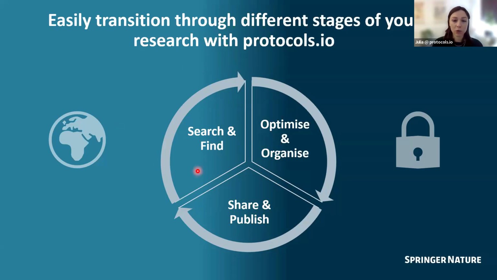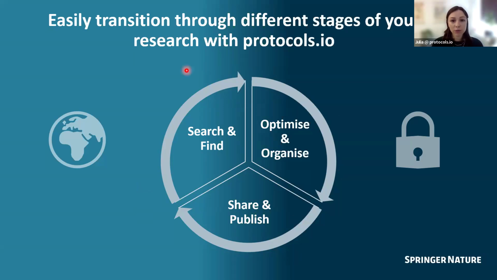We want you to be able to search and find methods that are really useful to you, and then organize and optimize those methods to tweak them for your specific research. That can happen in your own private workspace before you're ready to share openly. But when you are ready to share, it's very easy to do so and push those methods on to the public side of the platform.